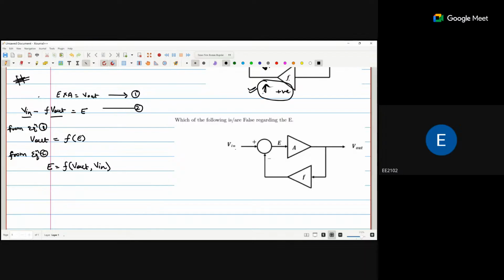Clear? Now from equation 1 I can say if E increases, V out increases, and if E decreases, V out decreases.